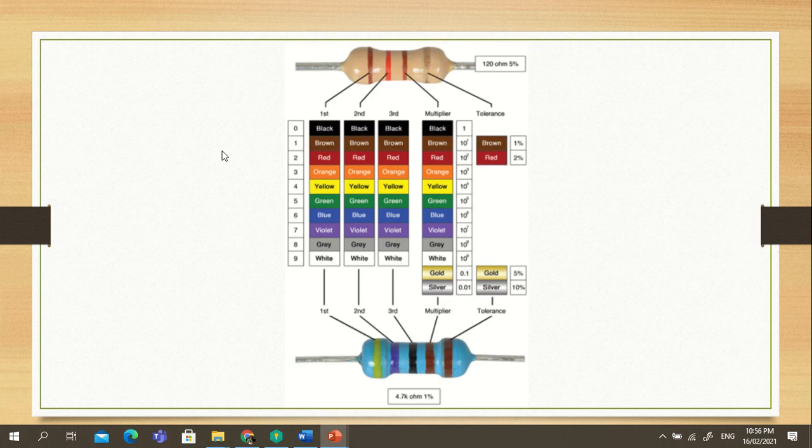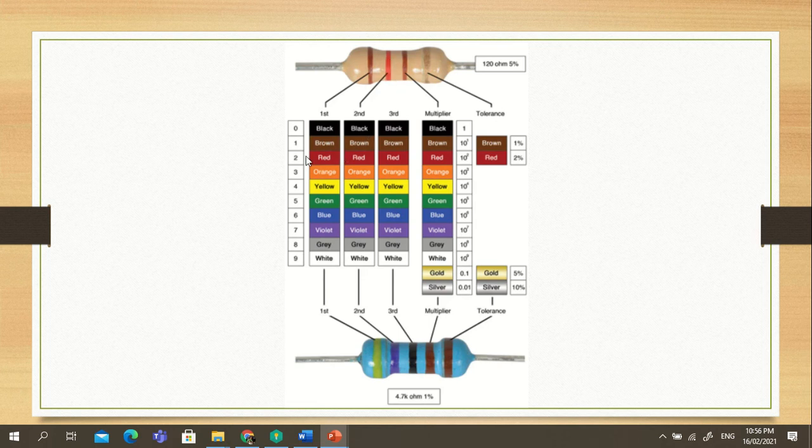All right, so we have here another way of reading. We have the 4 color band and the 5 color band. I think this is the example that we had a while ago. You see this is the first number, which is brown. Brown is 1, so you put 1 here. Then the next number, sorry, this is red.